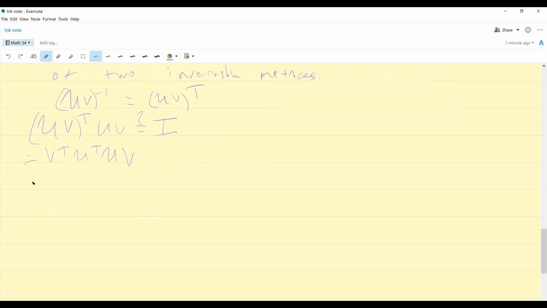And because U is orthogonal, we're going to be able to cancel these out, because U transpose is U inverse, and get V transpose V, which similarly also cancels out to give you the identity. So these two do actually multiply to be the identity. And for square matrices, if it's a left inverse, it'll also be a right inverse, so we don't have to check the other side. So then we have that UV is also orthogonal.